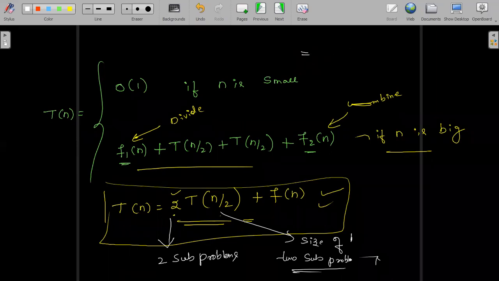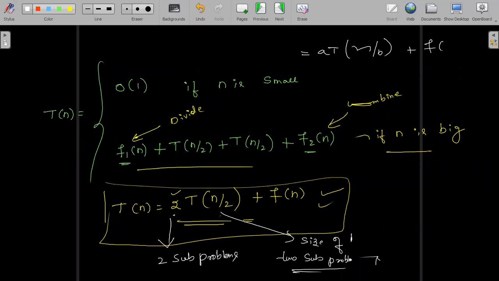That is equal to a of T of n by b plus f of n. So this is the general form. So finally, I wanted to say you people, master theorem. Please understand.